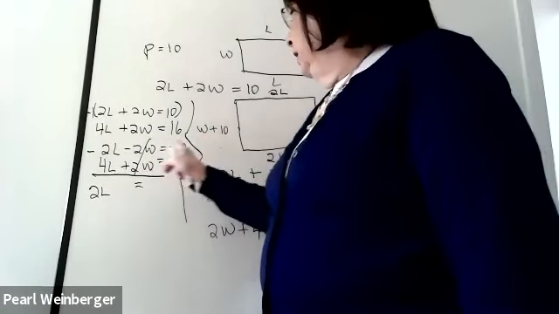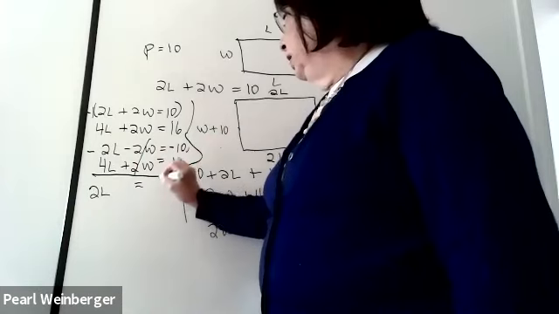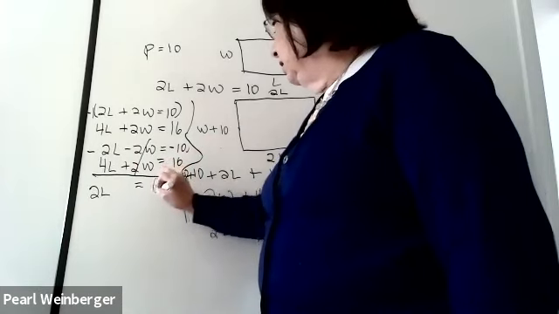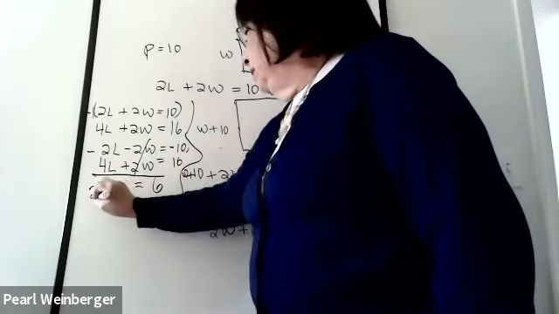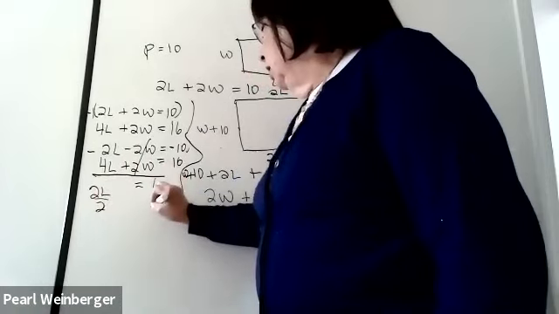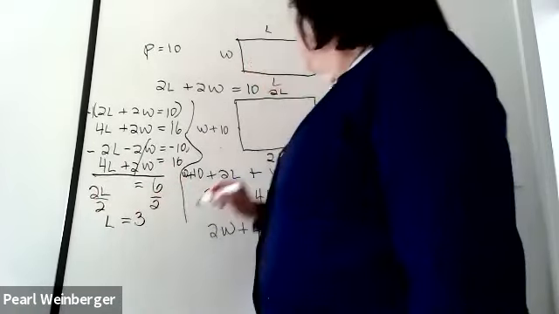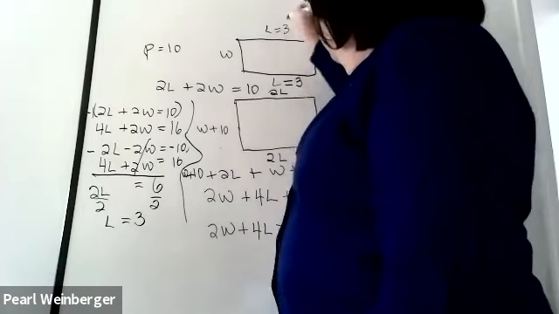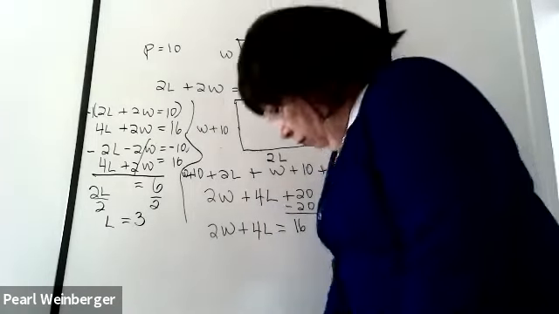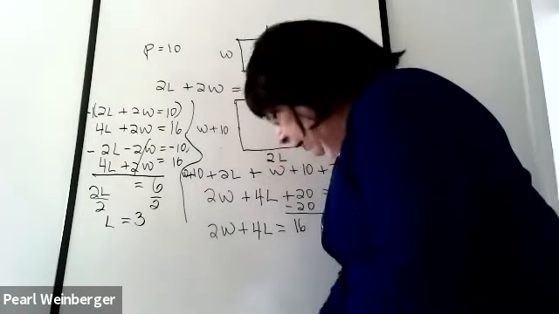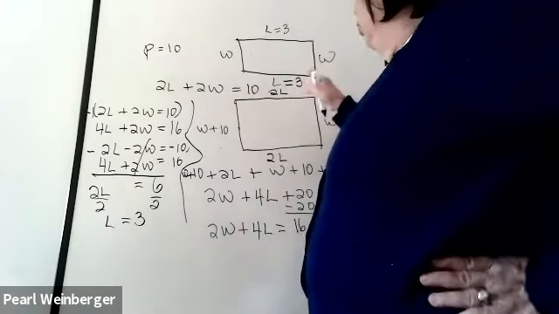So this will give me -10 plus 16, which is 6. And if I divide by 2, it tells me that my L turns out to be 3. The length of the original rectangle happens to be 3.